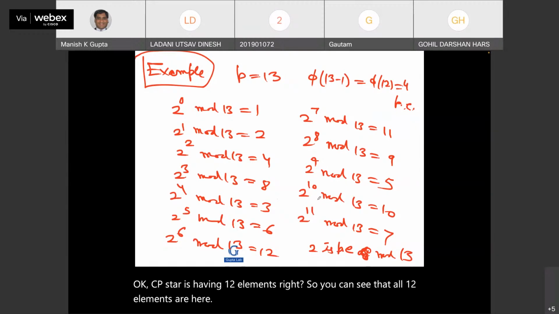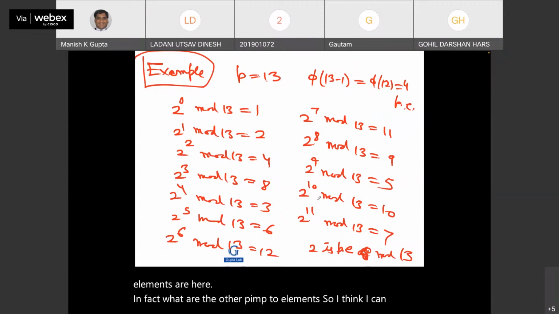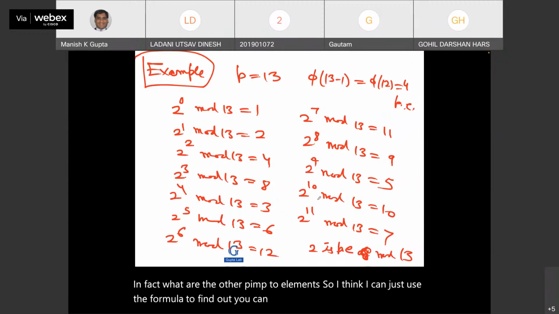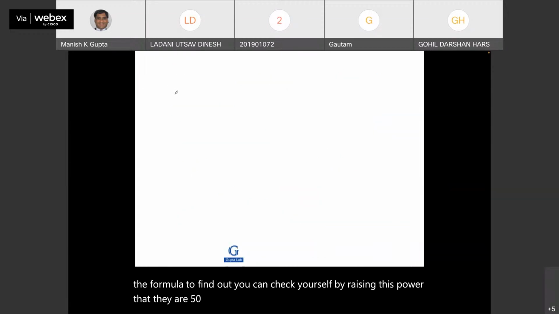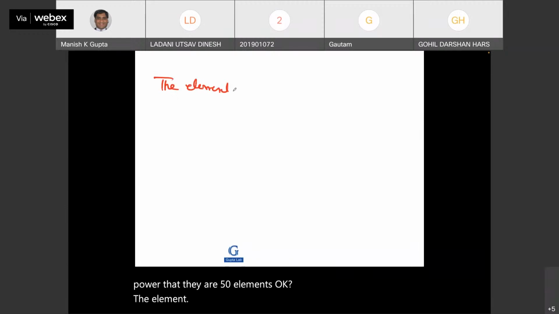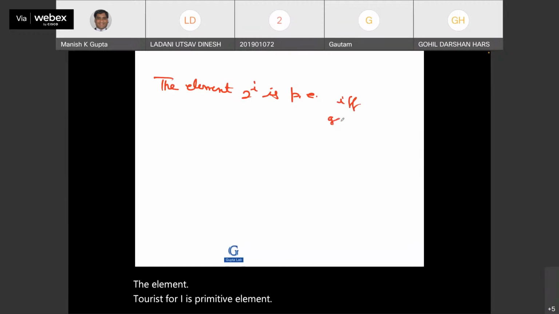In fact, what are the other primitive elements? I think I can just use the formula to find out. You can check yourself by raising to powers that they are primitive elements. The element 2 raised to i is a primitive element if and only if GCD of i comma 12 is 1.